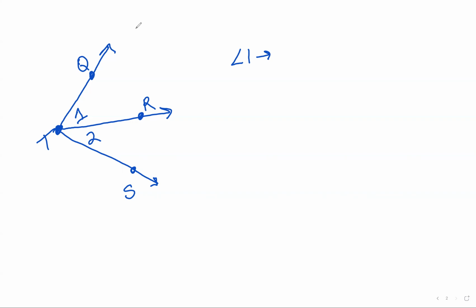And those 2 rays share a common endpoint, point T. So we can name angle 1 using 3 letters, Q, T, R. That's one way. The one thing we have to remember is that when we name an angle, the vertex, or the point of the angle, is always the middle letter. So I can name it QTR or I could name it RTQ.